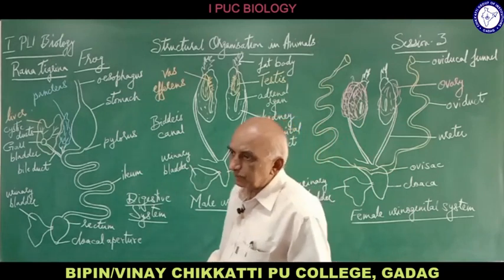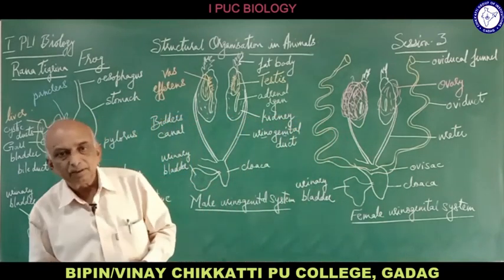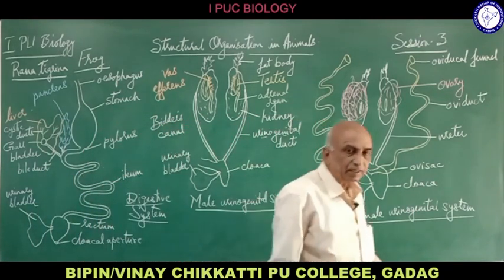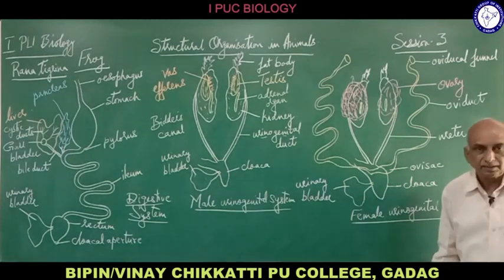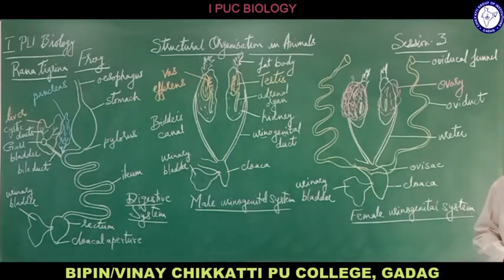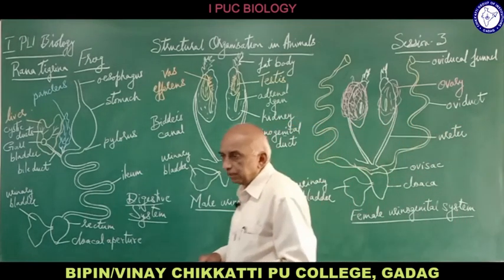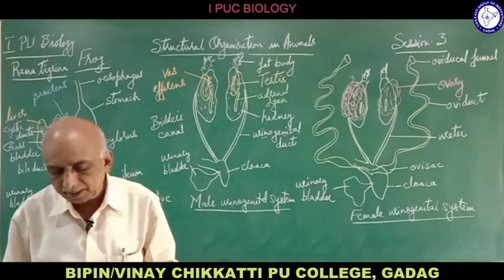The tadpole is purely adapted to water. It has gills and does not have well developed jaws. There is a circular mouth and a tail, and with the help of the tail it will swim in the water, and with the help of the gills it will respire.